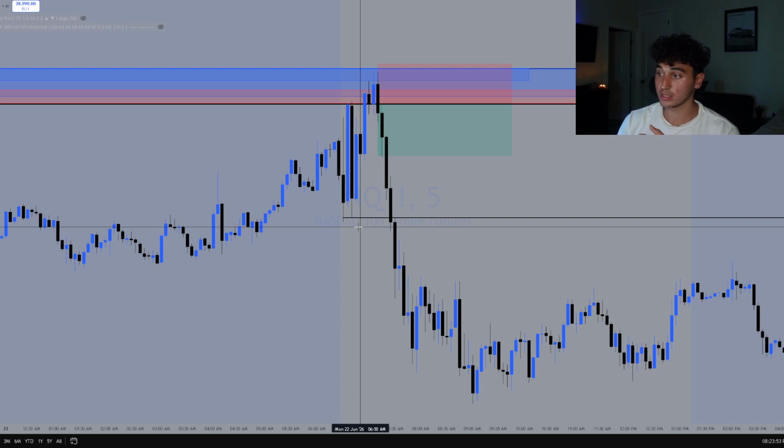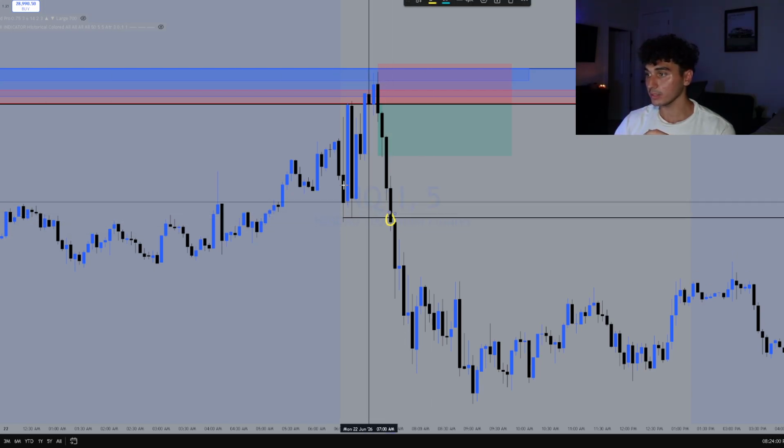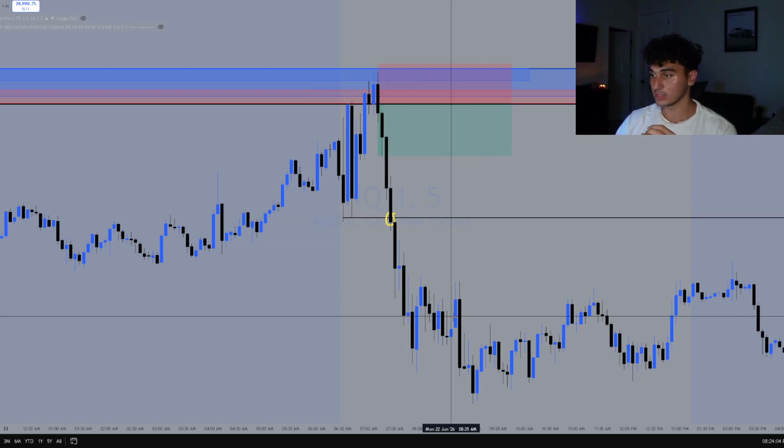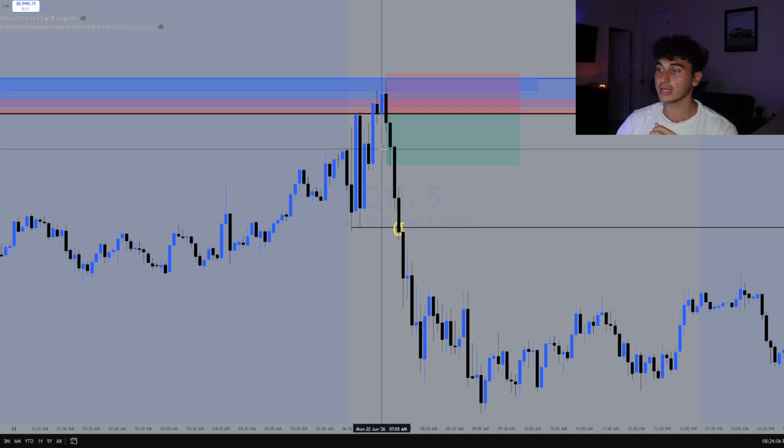And the reason that we're using a key level is because, let's say for example, price taps this key level, and this is our take profit. Hypothetically, obviously, we see that it breaks through, but let's say it didn't break through and it reversed back to the upside. If we tapped this low, we would then take profits on this position and move our stop to break even.